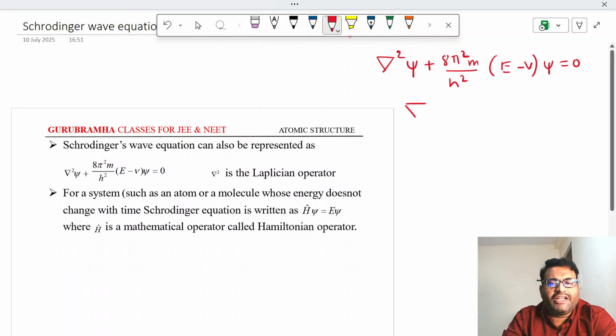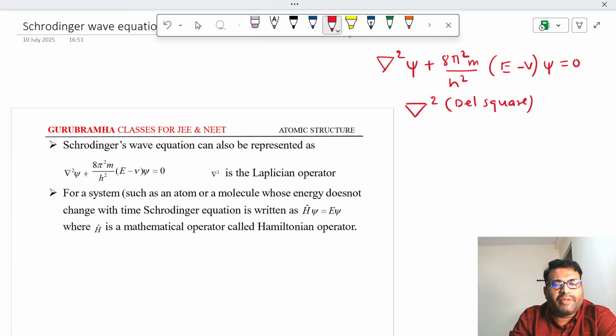We call this del square. What is this del square? Del square is a mathematical operator called the Laplacian operator.